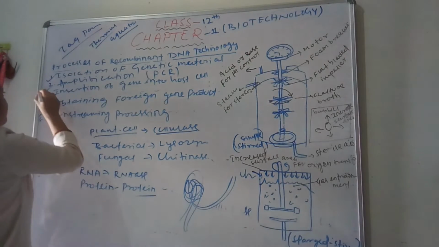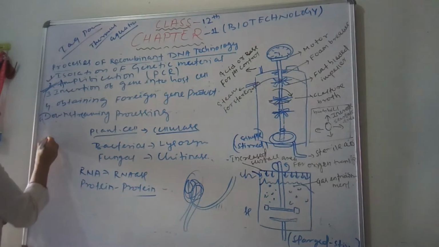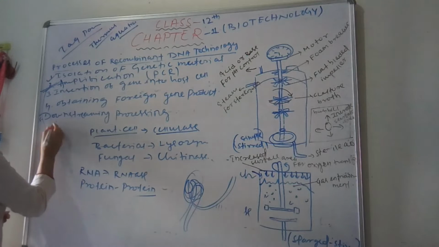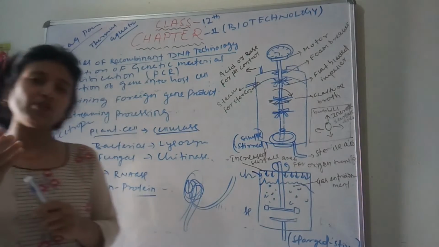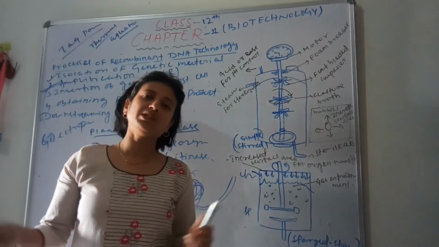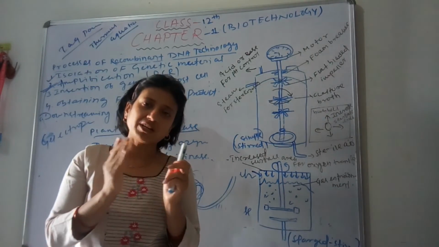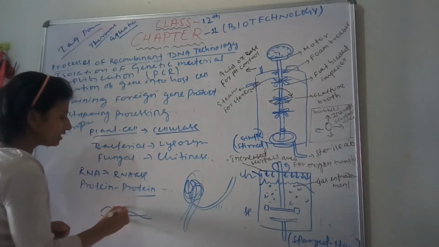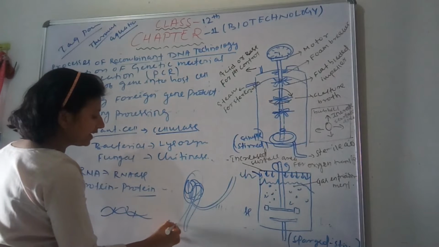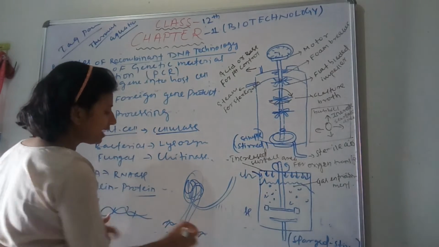For that we should put it in gel electrophoresis, in which agarose gel is used, and when we put the long segment of DNA, it is cut into many pieces, and the smaller fragments go towards the anode.